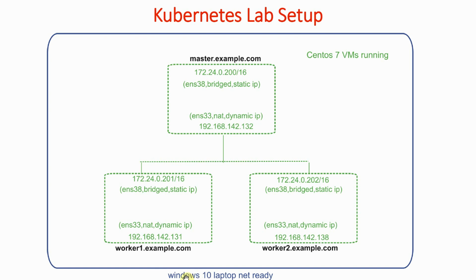So when I run the commands from this, and when I try to access that pod, we will see whether that is running or not. Then what I will do, from this I will try to access it by using this address, 192.168.142.131 or 138 or 132, because from Kubernetes you can access any of these IP addresses.